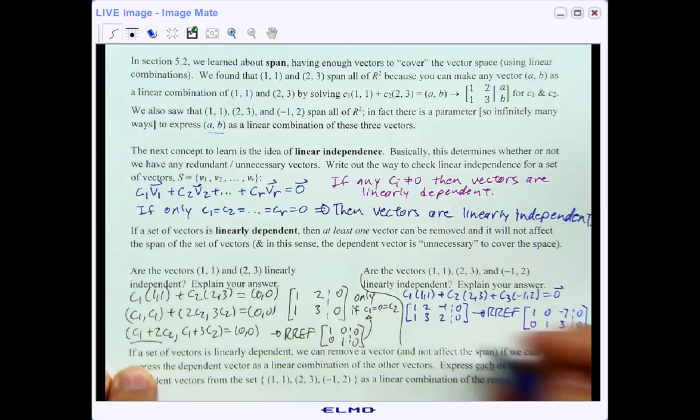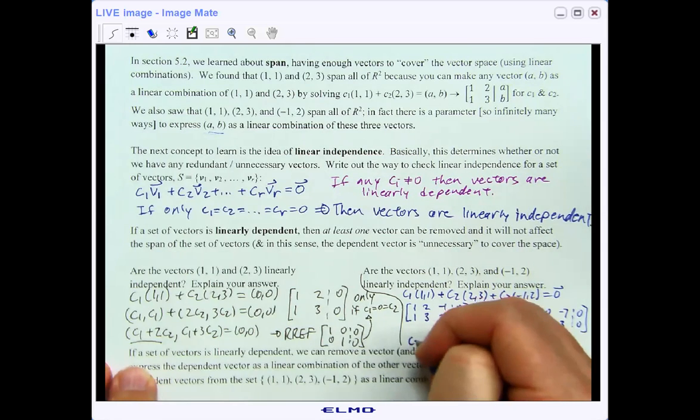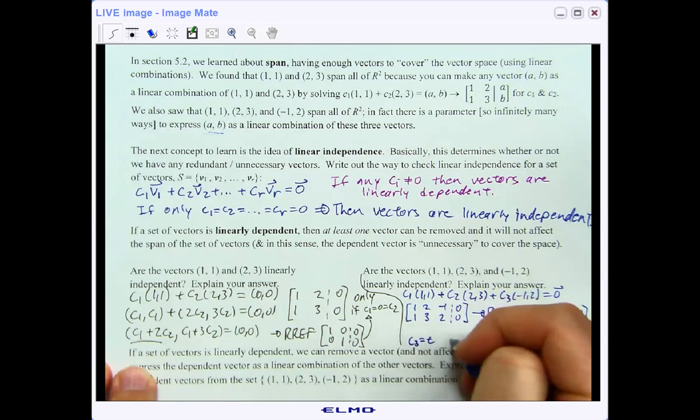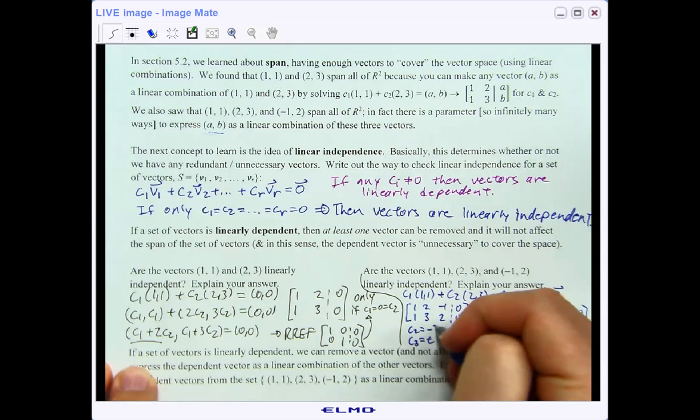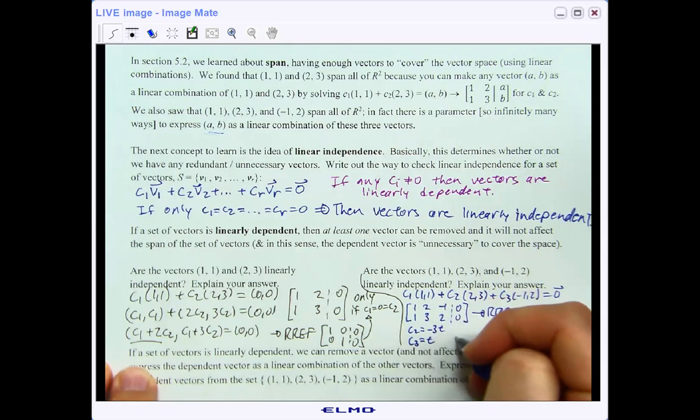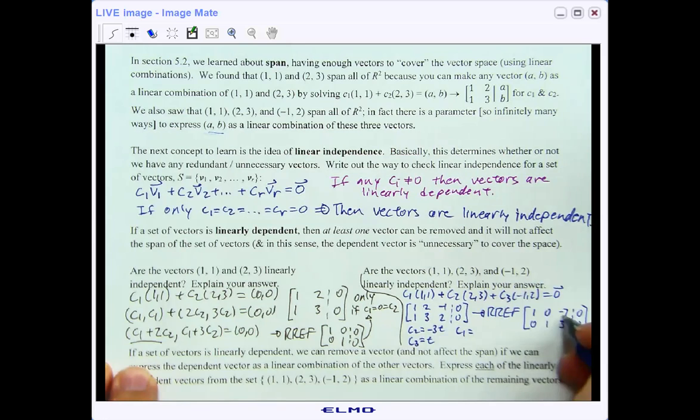That tells me that I'm going to need a parameter. If I let c3 be t, then c2 will be -3t, and c1 will be 7t.